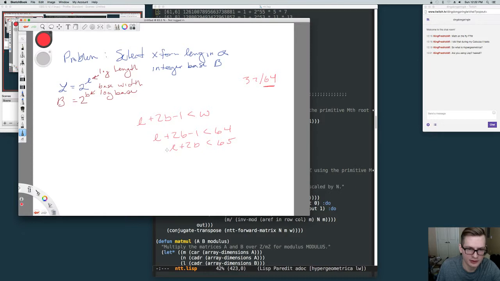Let's assume we're trying to find a suitable transform length. Then we have L is less than 65 minus 2b. Okay, so let's write this up here instead. Let's first note that W equals 64, and L should be bounded above by 65 minus 2b.